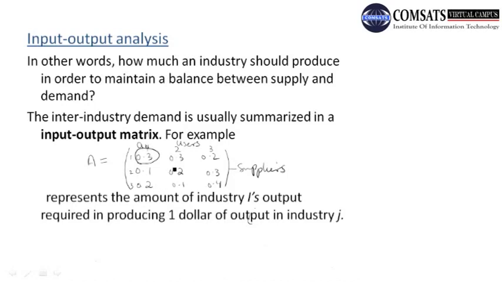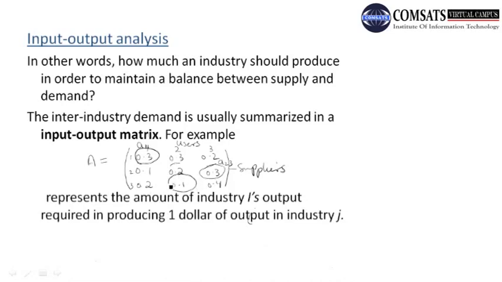Similarly, the entry A23, that is the entry in the second row and third column, represents that for every dollar of output from industry 3, 30% is contributed by industry 2.